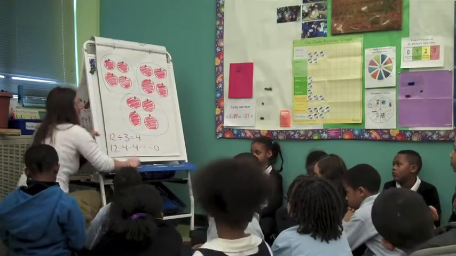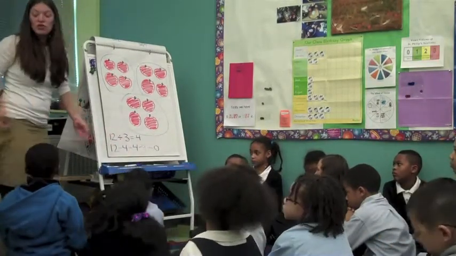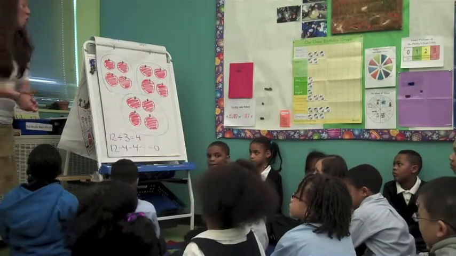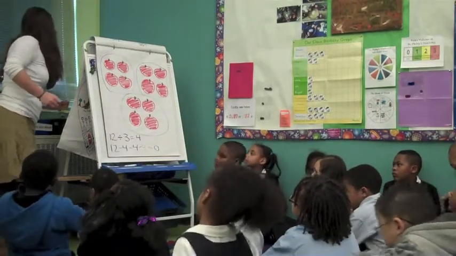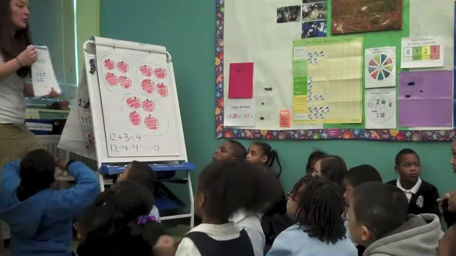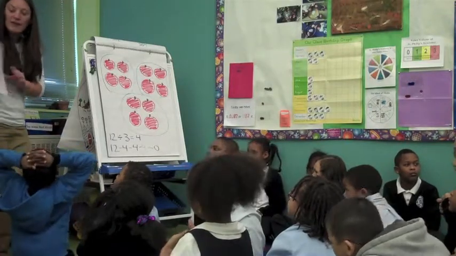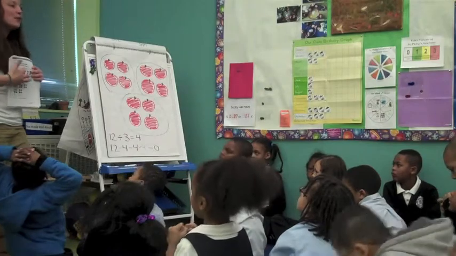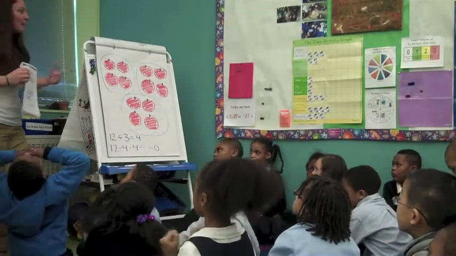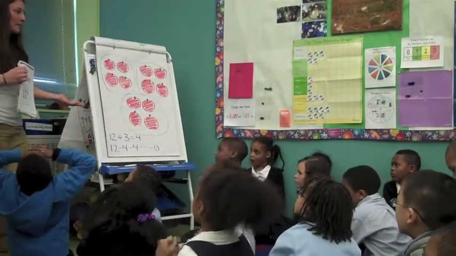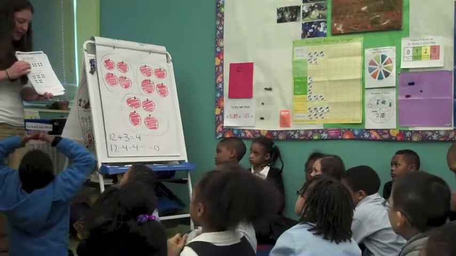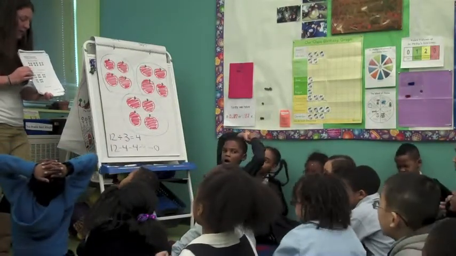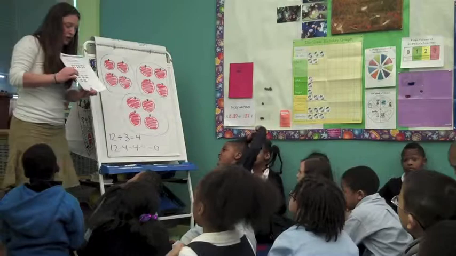Today during math, I want to see what you can do independently. What we just did is the first problem on your page. So number 1 says divide 12 apples into 3 equal groups. Very similar. See if you can see these groups. Then you're going to do number 2.